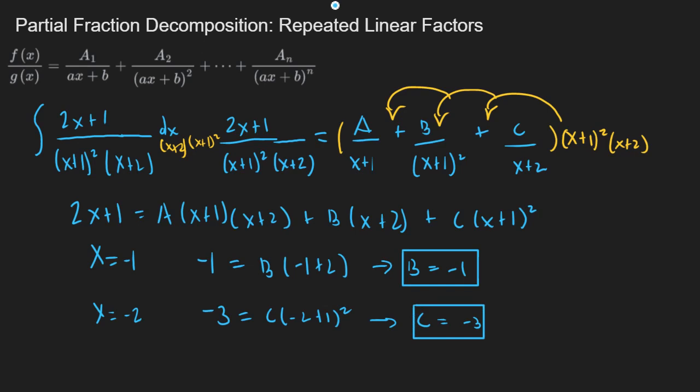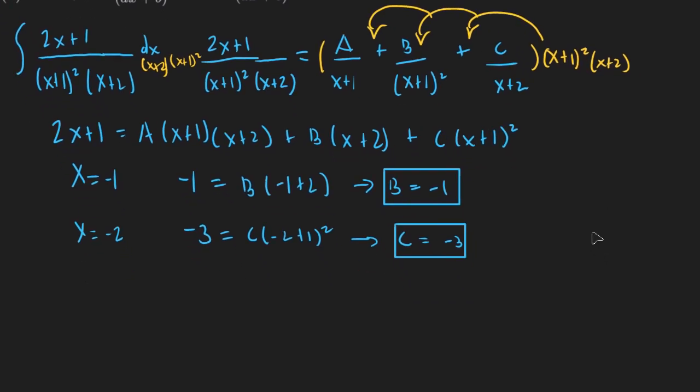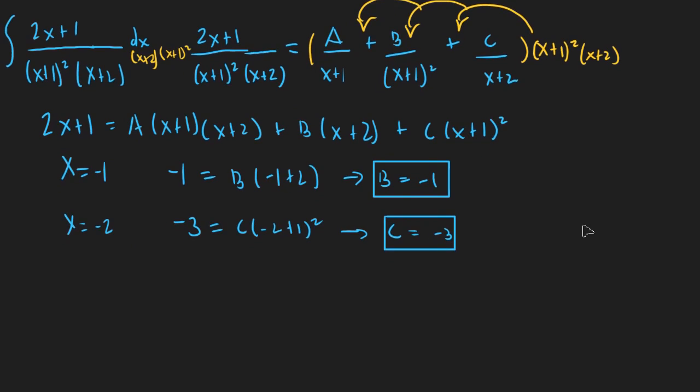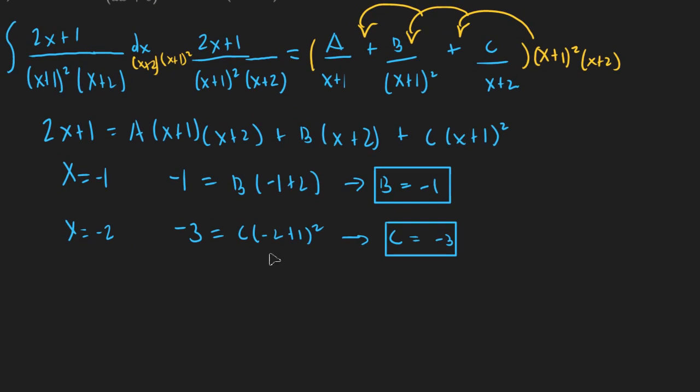Okay, but now we need to find a. How can we find a? We'll just scroll up a little bit. How we're going to find a is by plugging in x equals 0. We get 1 equals 2a plus 2b plus c, since (0 plus 1) squared is just 1.